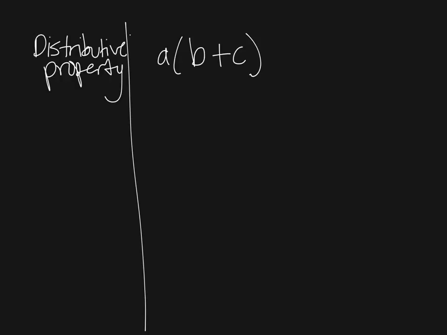So let's say you have something like 3 times 5x plus 2. You cannot combine 5x plus 2. 2 would need to have an x next to it for you to combine them, or 5 would need to be alone without the variable so that you can add these two together.